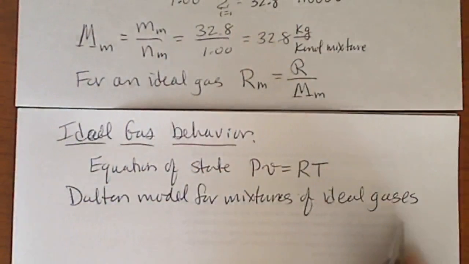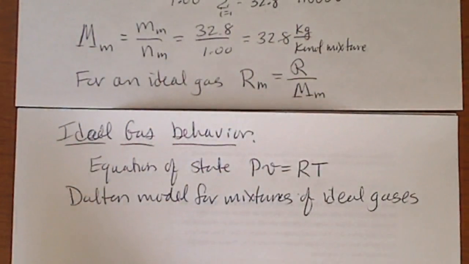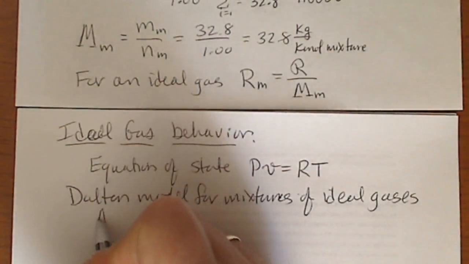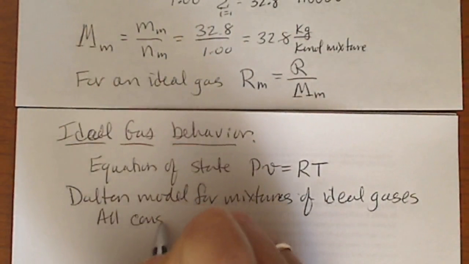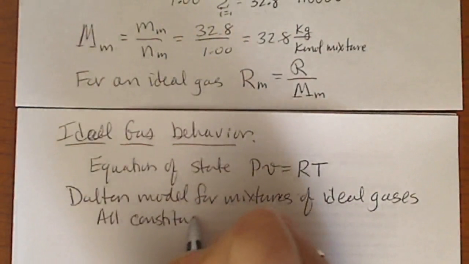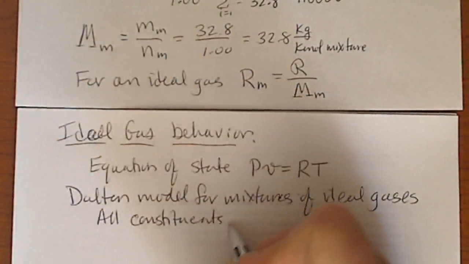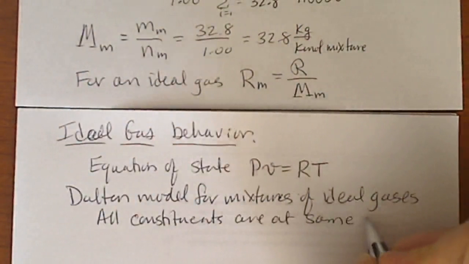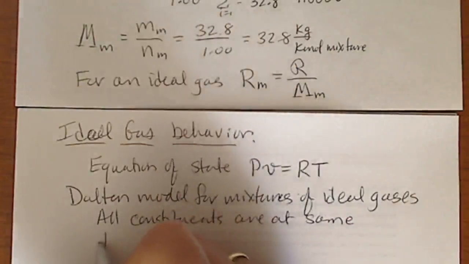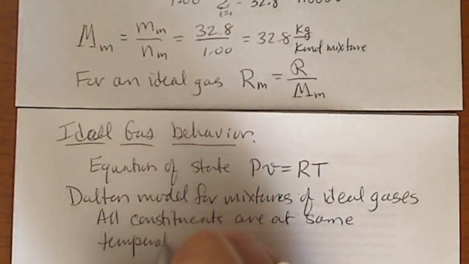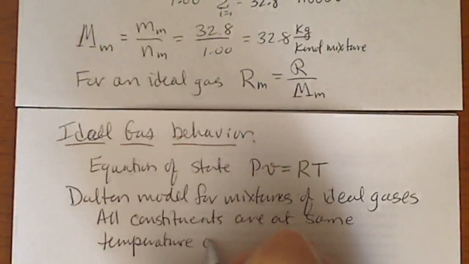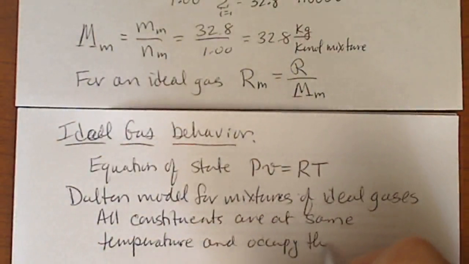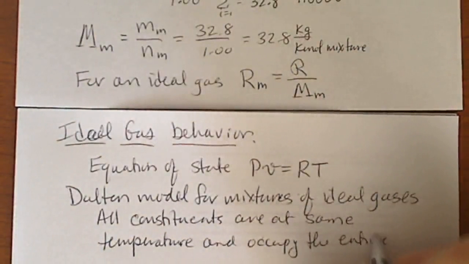The Dalton model for mixtures of ideal gases says that all constituents or components are at the same temperature and occupy the entire volume.